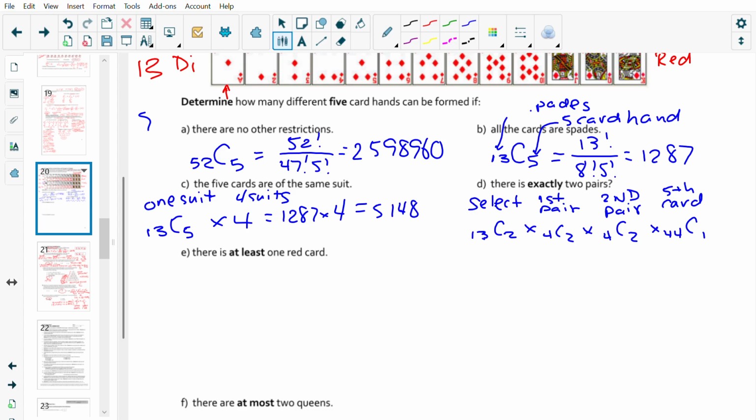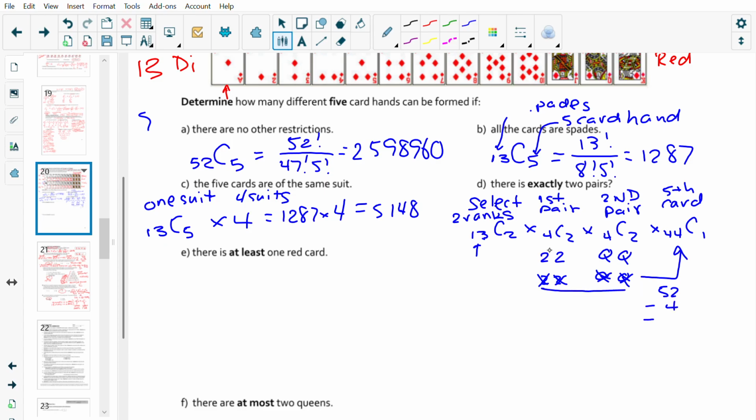Right, so here's an example. I'm going to select the 2 ranks, right? Within one of the suits, okay? And then I'm going to select the pair. So let's say I select 2 and 2, and I select queen and queen. Well, the other 2 and the other queen, I don't want to select for this 5th card.